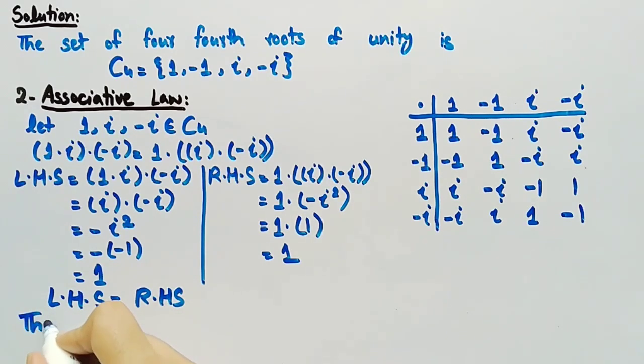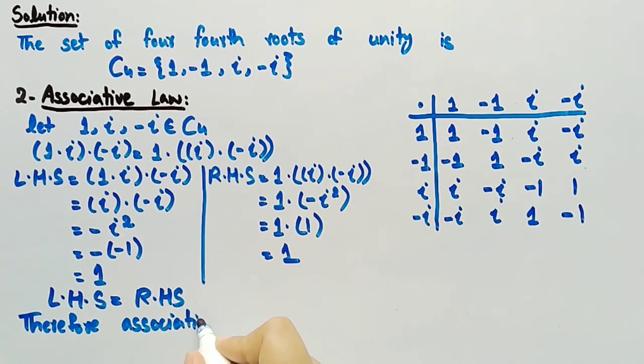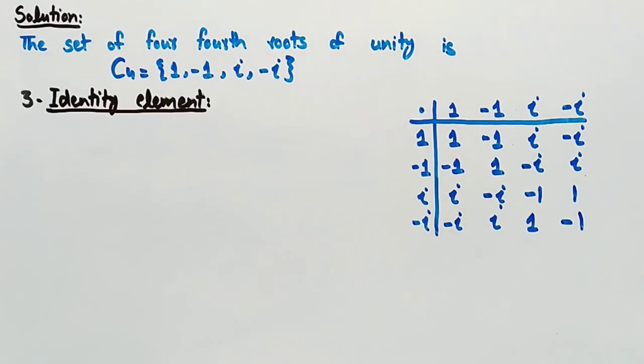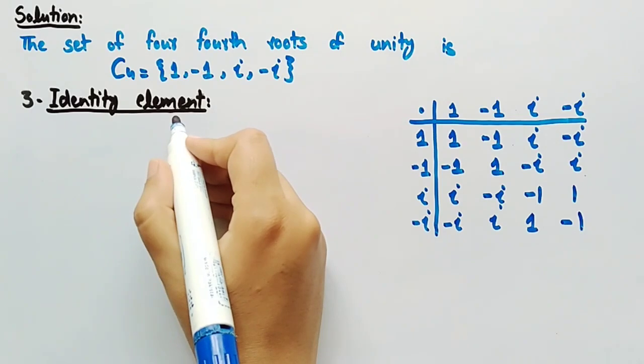Therefore, associative law holds. So second axiom of group is also satisfied. Third axiom is the existence of identity element.